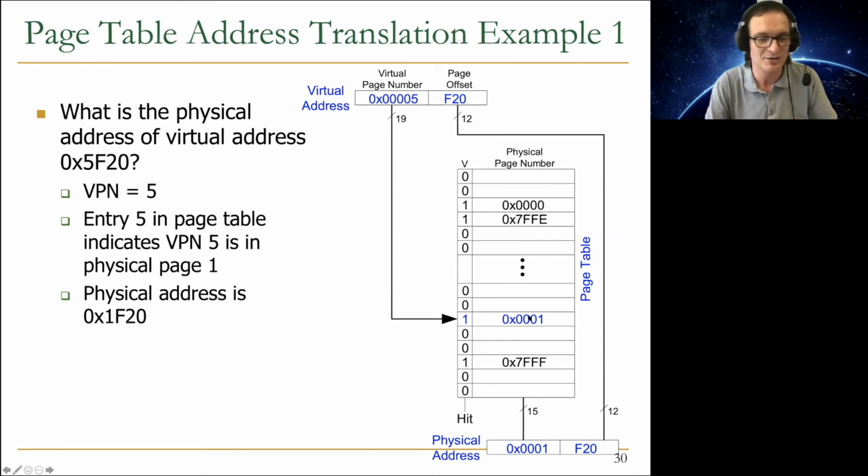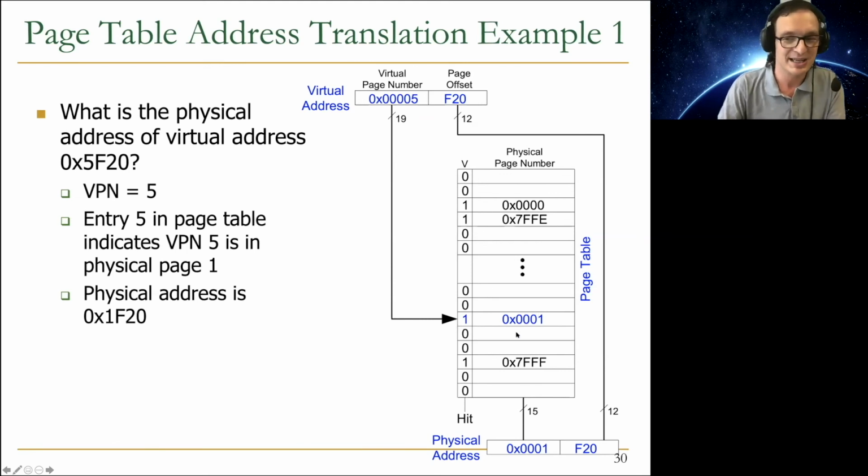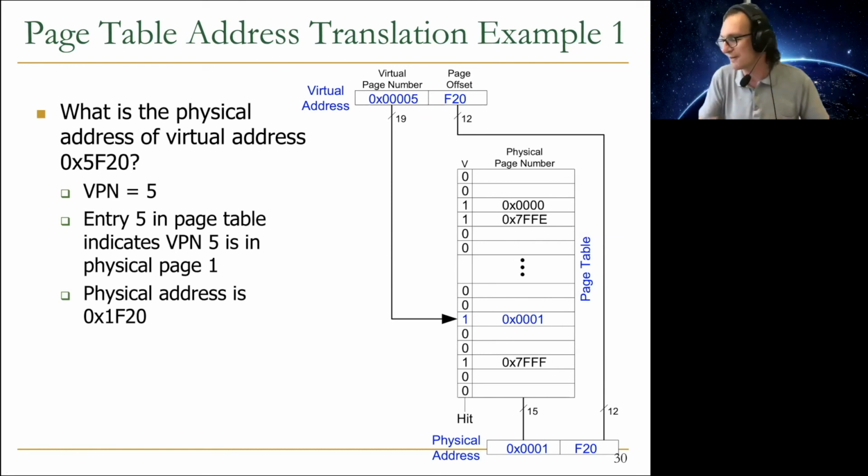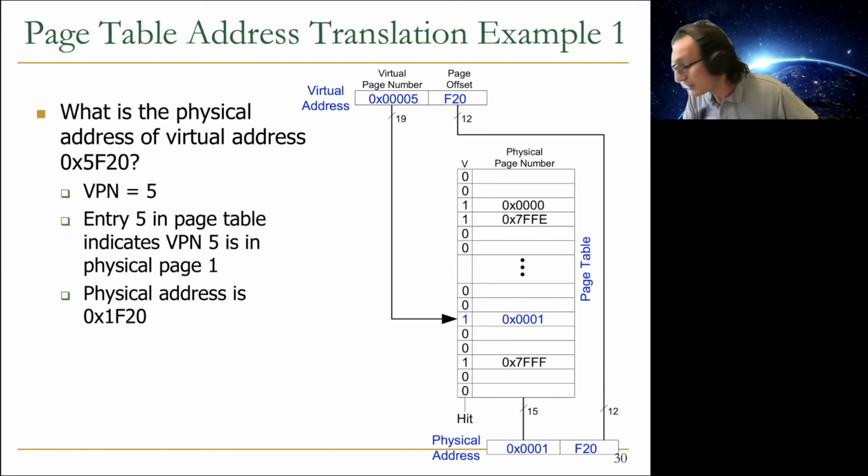It could be 4 bytes or 8 bytes, whatever. It doesn't matter. You do the memory access here. You get this page table entry. It's valid. That's great. And it has a physical page number. Now you can actually say, oh, this is in physical memory. And the physical address is 0001F20. That sounds good, right? I just spent more time explaining it so that you're more comfortable with it, but you can read the paper also. You can read the book also.